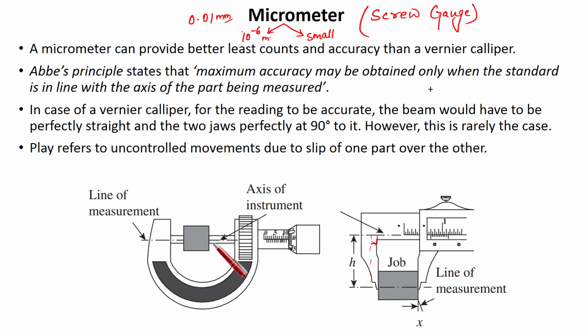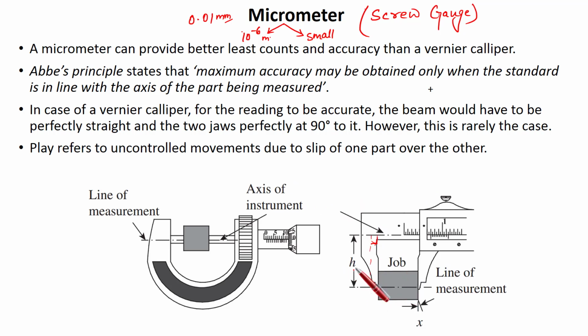So it is better to keep it in line with the axis of the instrument. That is why the measurement will have error. And this value of x, that is the deviation, means obviously it will be a little bit tilted, right? And as the h rises, the tilting will rise, clear, and the deviation will rise.